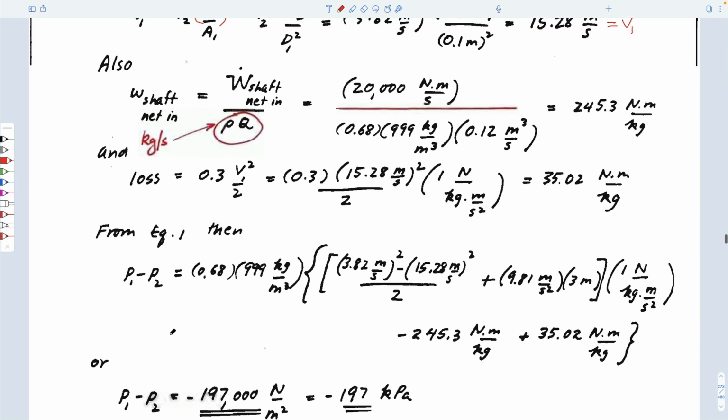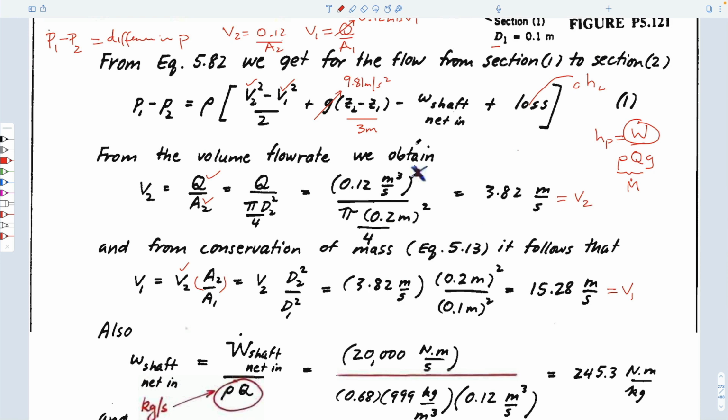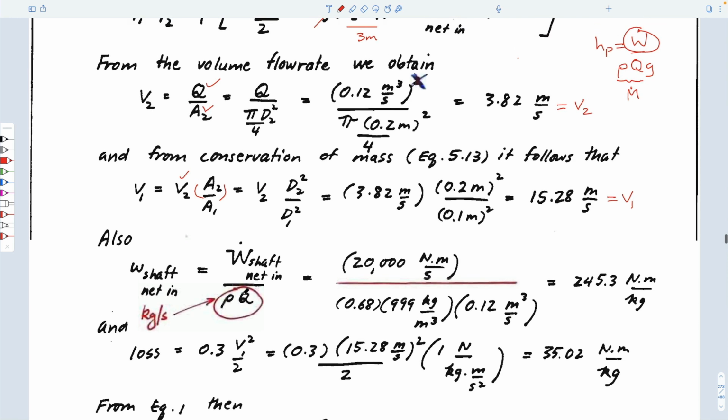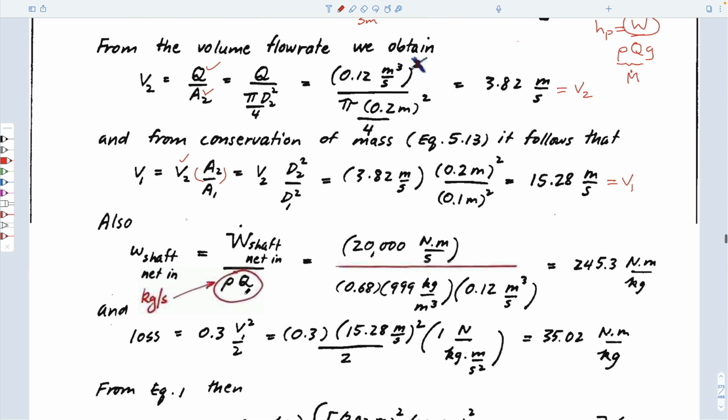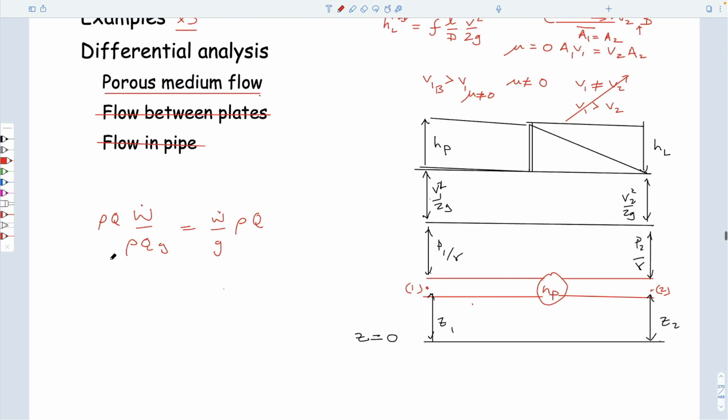The problem comes from following someone else's working in this. This is shaft net in. I guess they're already doing it so that they're multiplying both by G. So let me go back, let me get rid of this.